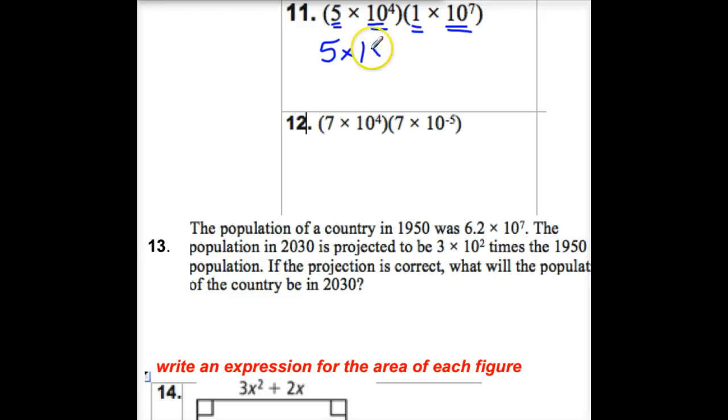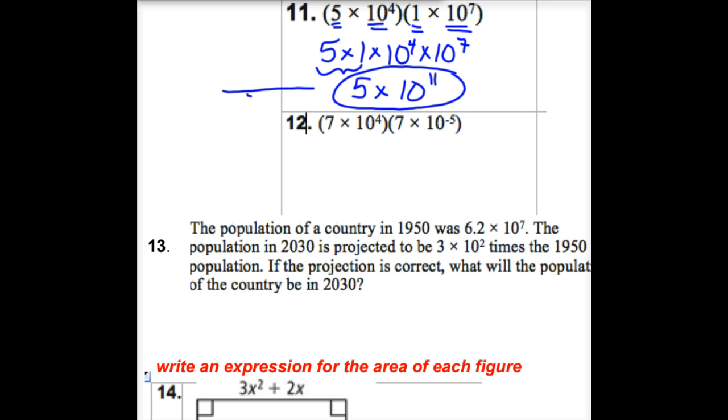I know what that is. I'm going to do the 10 to the 4th and the 10 to the 7th second. This gives me 5. And this would give me 10 to the 11th. And then I have to ask myself, drawing from section 7.2, is this in proper scientific notation? And the answer is yes. A number between 1 and 10 times 10 to an integer.